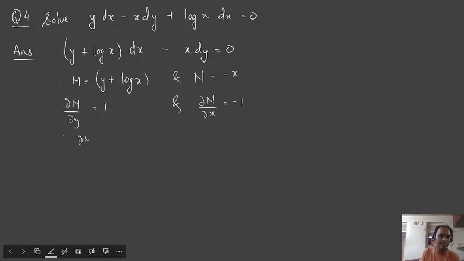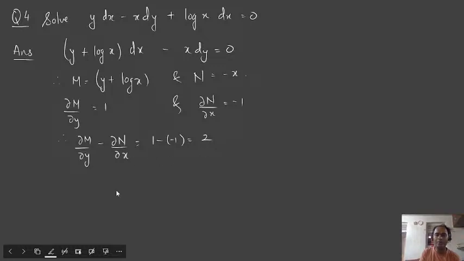So dM by dy minus dN by dx, it's obviously not equal. I'm not writing all that whether it is exact or not exact. So it's obviously not equal, but it is visible. So 1 minus of minus 1 is 2.